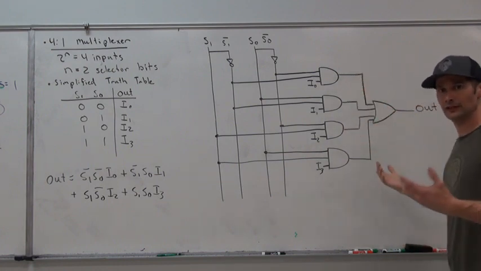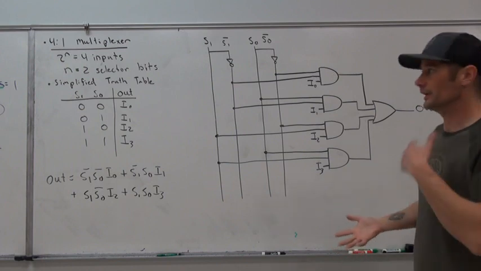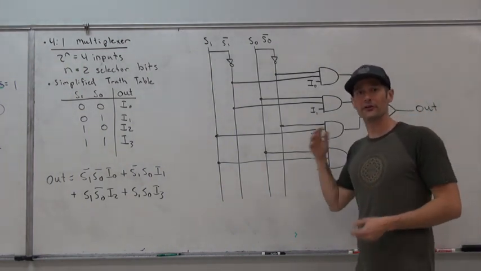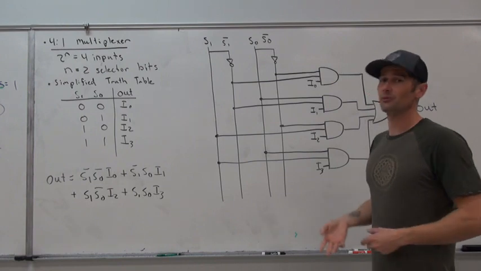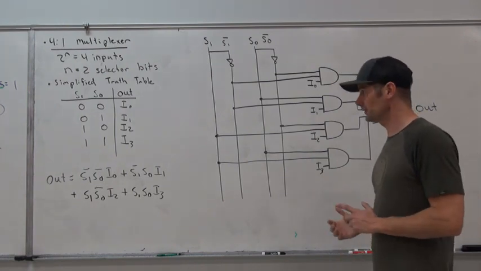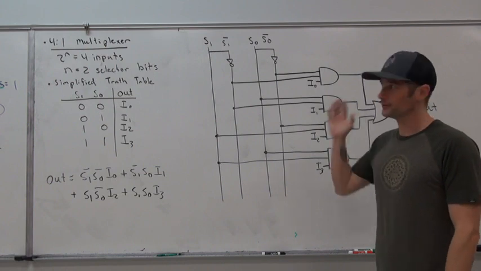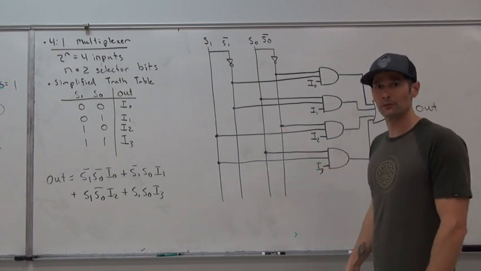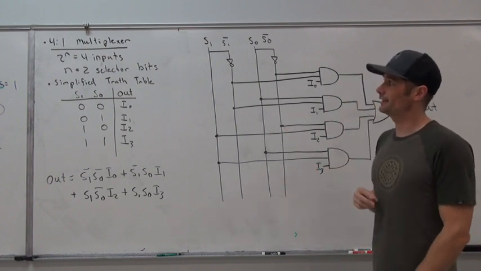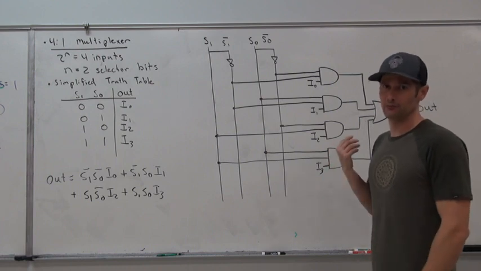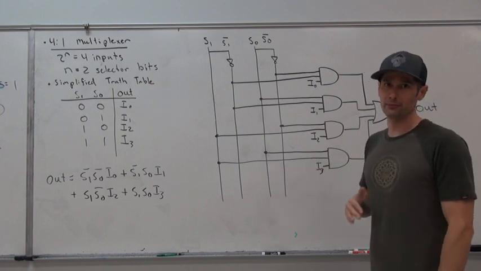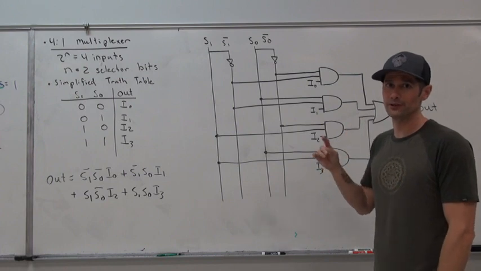Now, what I generally have students do is go through and design either an 8-to-1 multiplexer or a 16-to-1 multiplexer. Those designs are no more difficult than what we just did. It's just a little bit more work. The trick is that if we have 8 inputs, then we should have 3 selector bits, because 2 to the third is equal to 8.